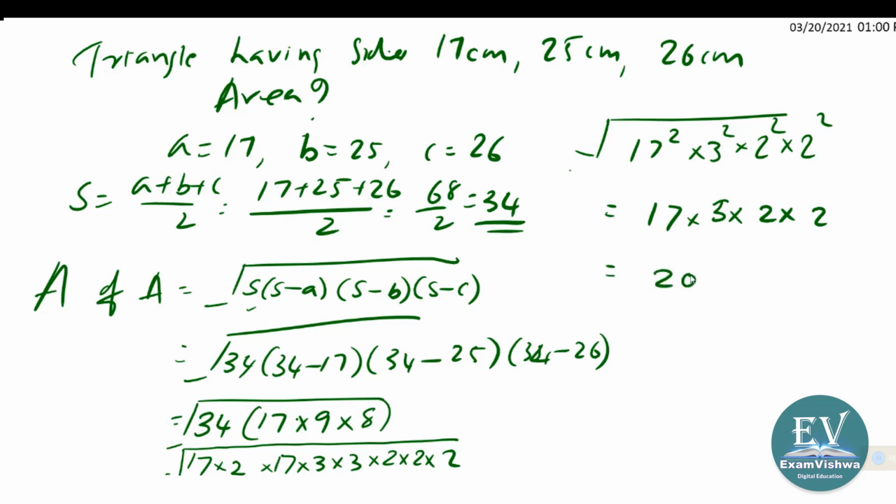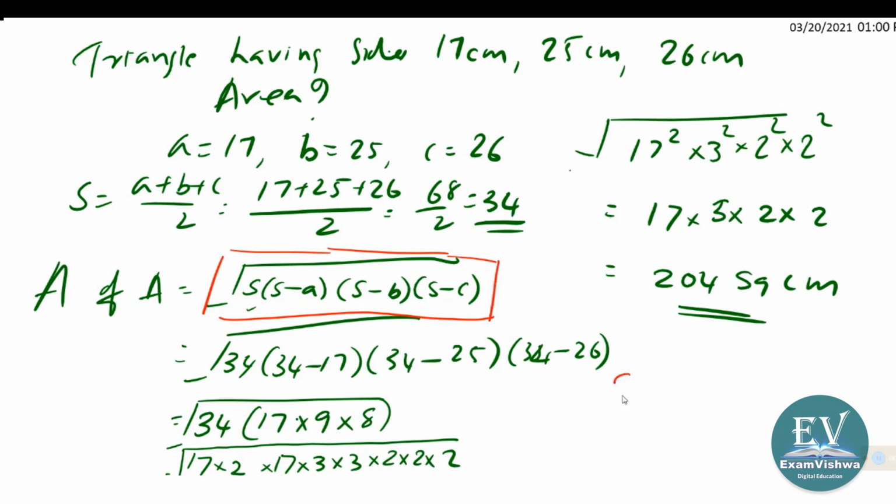Naturally, it is equal to 204 square centimeter. The most important thing is learning this formula, which is new for you: root of s into s minus a into s minus b into s minus c, where s is nothing but the semi-perimeter.